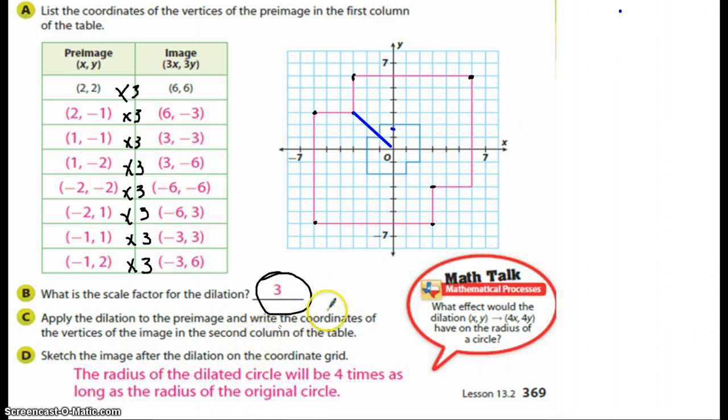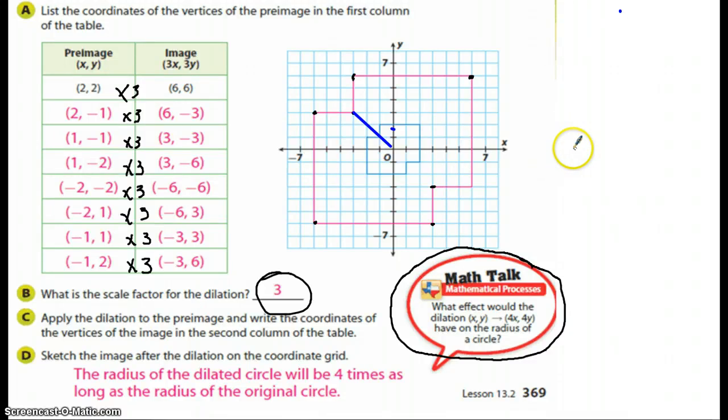Now over here we have a processing skill question. It says you want to sketch it, so we did that for D. But this question says, what effect would a dilation of 4 times x and 4 times y have on the radius of a circle?